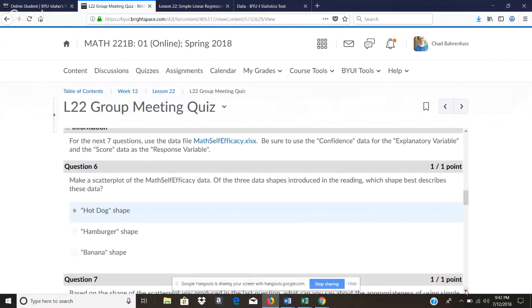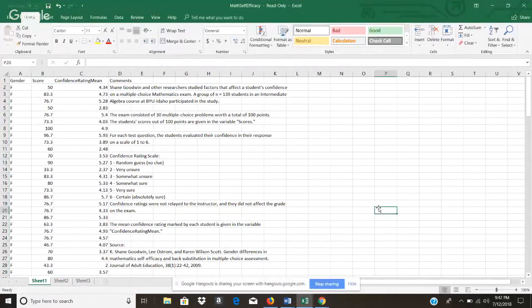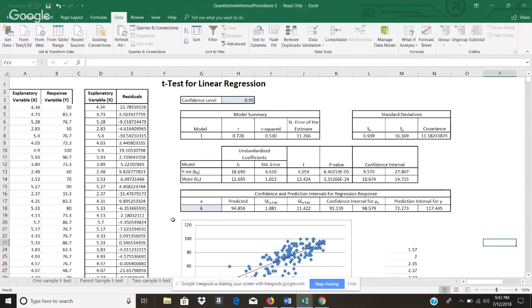So you plug this data file, your data file here, into the tool. You download the math self-efficacy file and plug it into your explanatory and response variables. This is kind of weird.